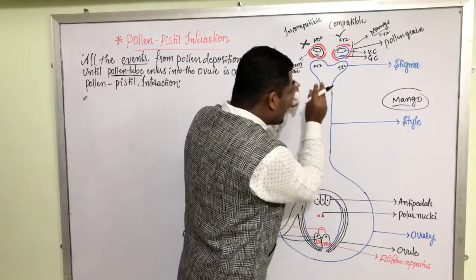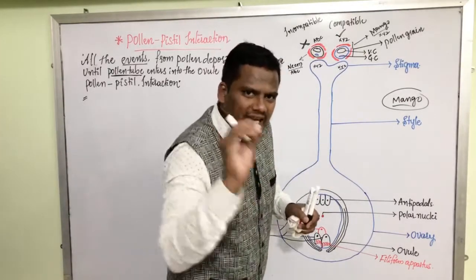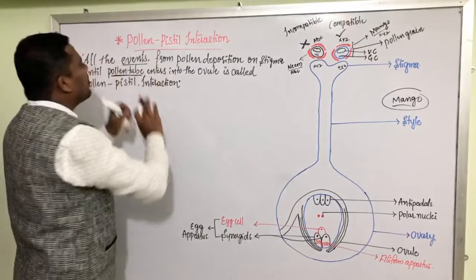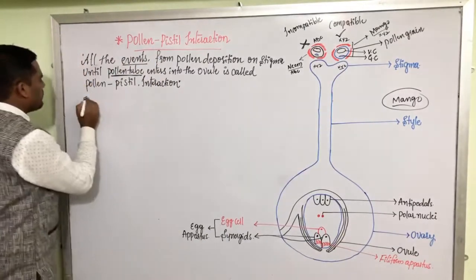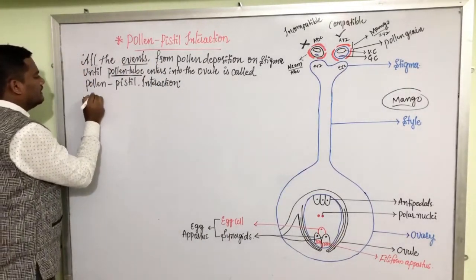This is the first step. This is the first event that occurs during pollen-pistil interaction. What is the first event?